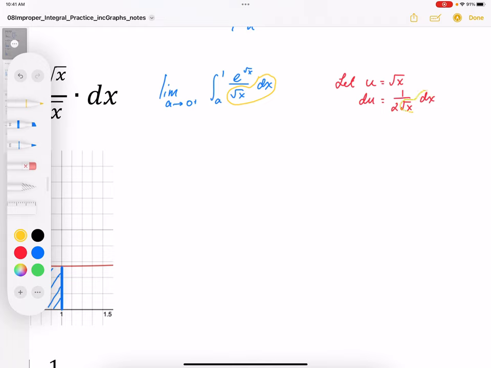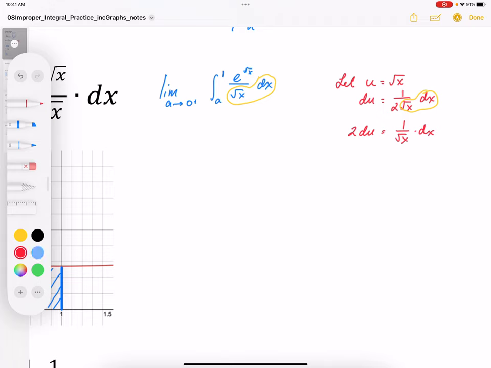So the derivative of that is showing up on the outside, and I can replace that part with a u. So making this a little bit neater, I'm going to do 2 du is what I'm going to replace, and I have 1 over root x times dx, and that's the part that I'm going to get rid of with a du.